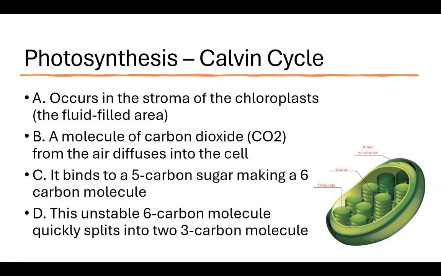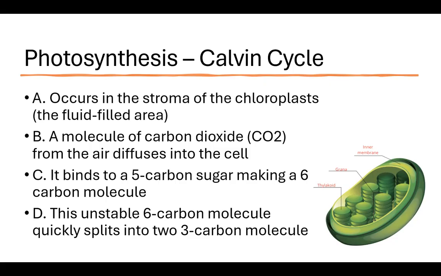Also in the Calvin cycle, this molecule of carbon dioxide is going to bind to a 5-carbon sugar, which will make it a 6-carbon molecule. So that carbon dioxide diffuses into the cell, it binds to a 5-carbon sugar, and now we have a 6-carbon molecule. This unstable 6-carbon molecule quickly splits into 2 3-carbon molecules.